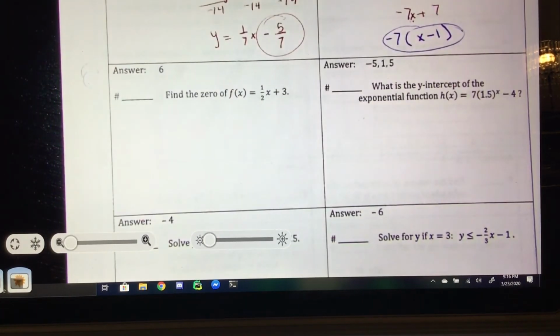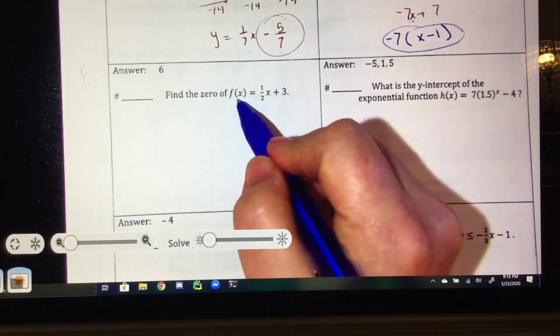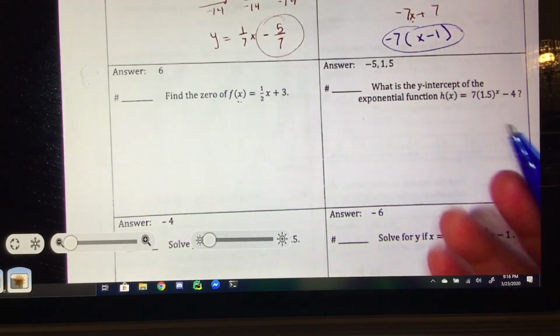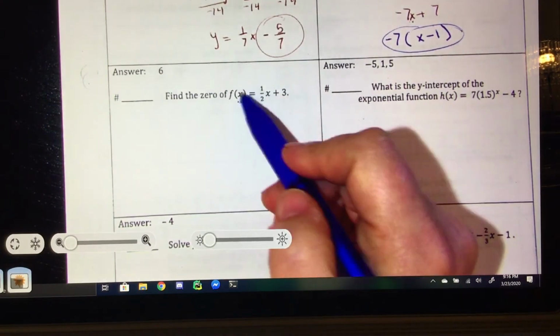Okay, find the 0 of f of x equals 1/2 x plus 3. Well, what they want you to do, find the 0, that is when y equals 0, or f of x equals 0.